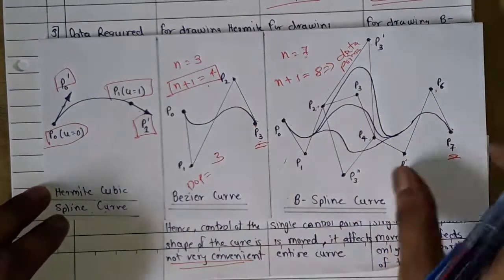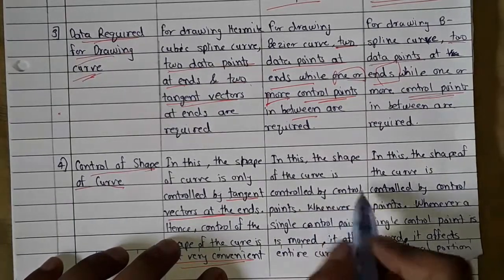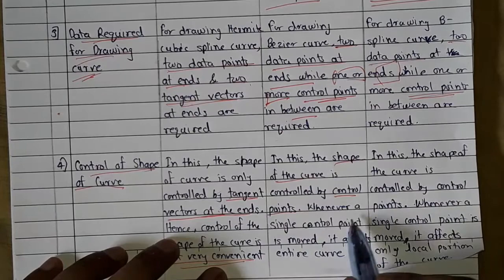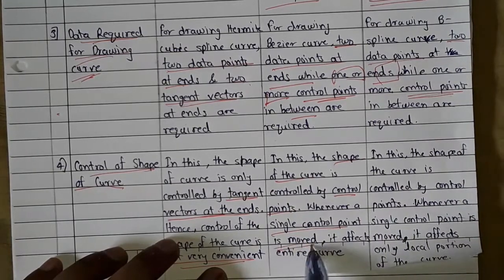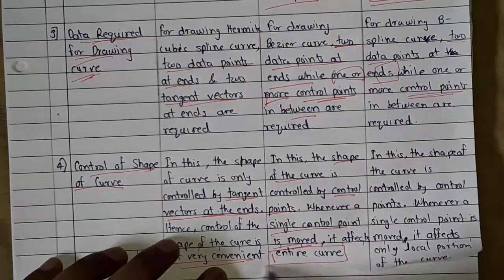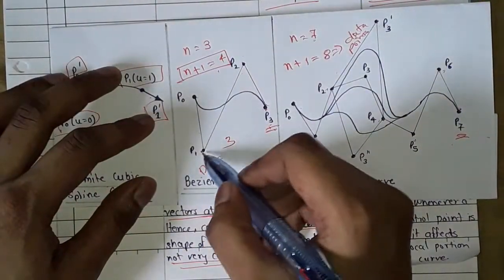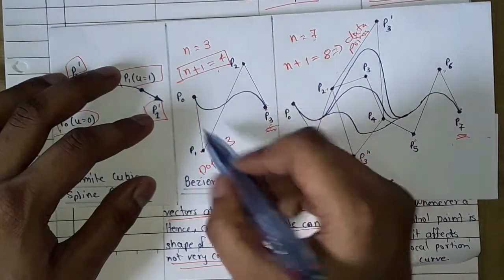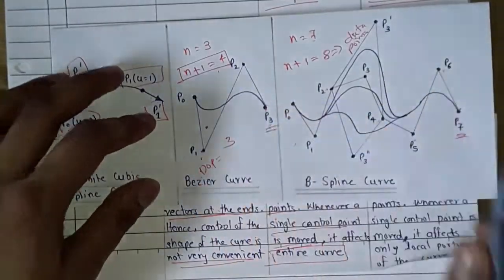And for Bezier curve, we control the shape by control points, and whenever we move a single control point, it affects the entire curve. See, in Bezier curve, if we move this point somewhere, then either here or here, it affects the entire curve.